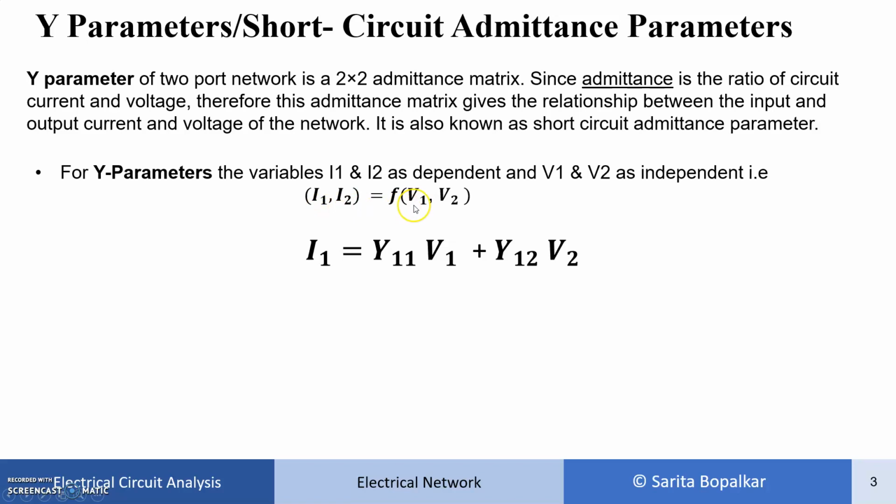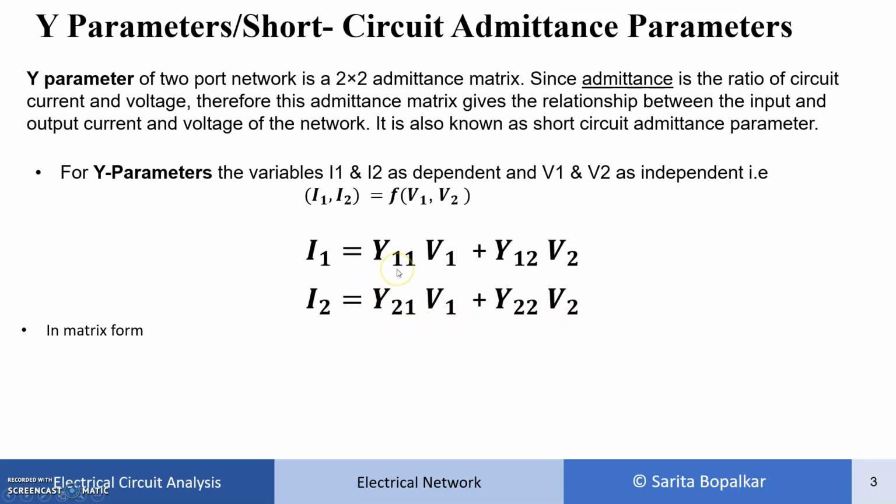Now let's see the equation. I1 we are expressing as a function of V1 and V2. So I1 is equal to Y11 V1 plus Y12 V2, where Y11 and Y12 are the Y parameters. Similarly, I2 we are expressing as a function of V1 and V2. I2 is equal to Y21 V1 plus Y22 V2.